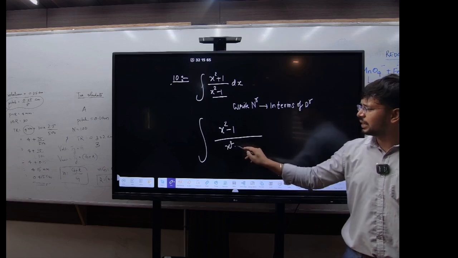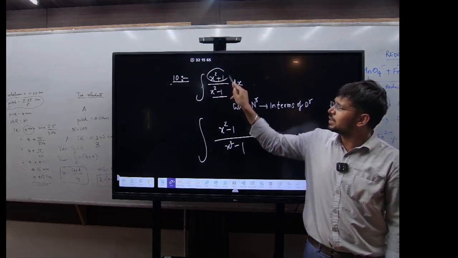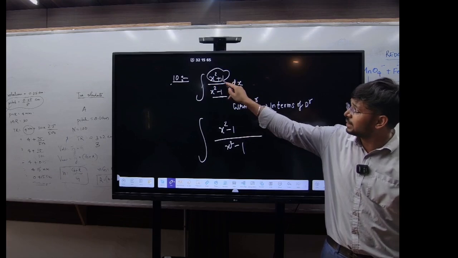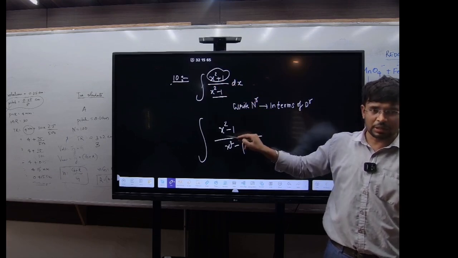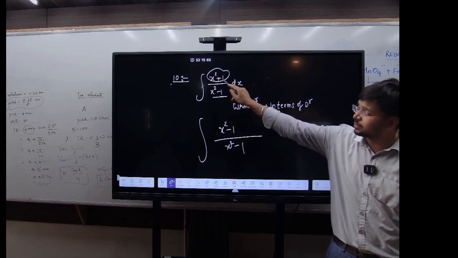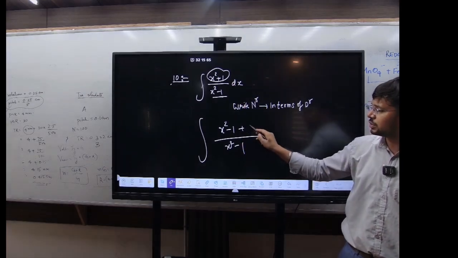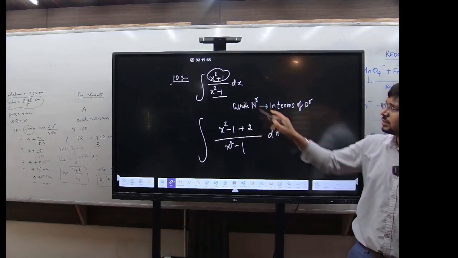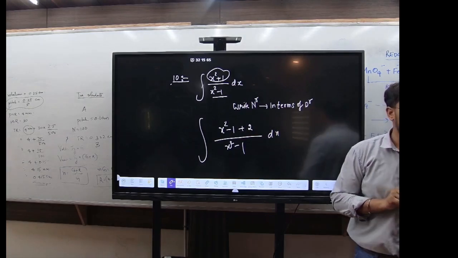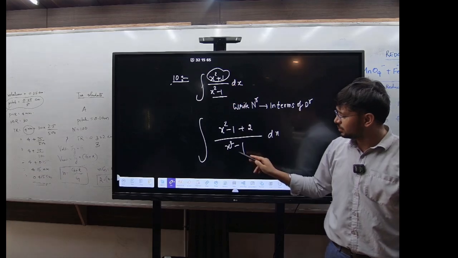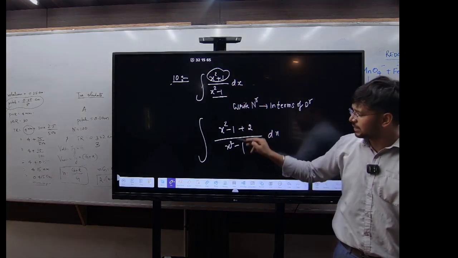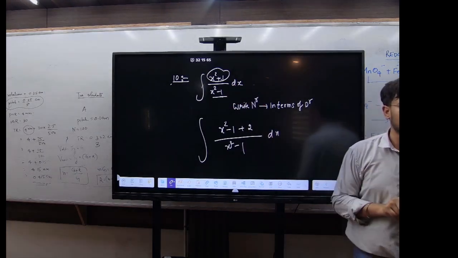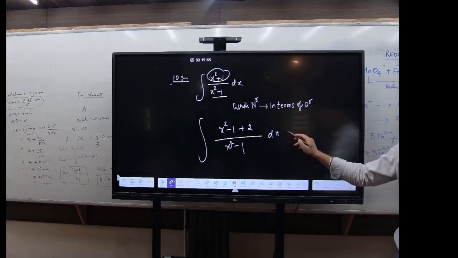Now I have to write this numerator in terms of denominator. How will I have to manipulate it? What should I do such that this becomes this only? I have to add plus 2, and then this becomes x square plus 1. This is called writing this in terms of this. I wrote the same thing, but now in terms of denominator. Yes or no? Now you just open it.